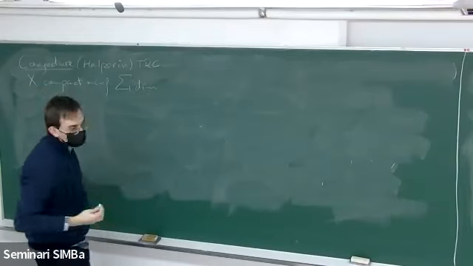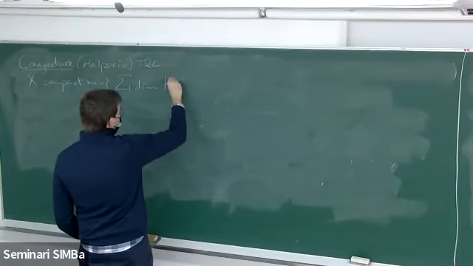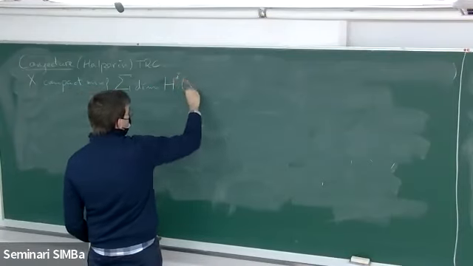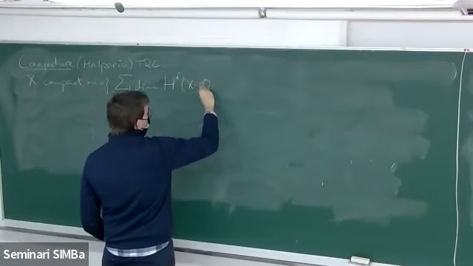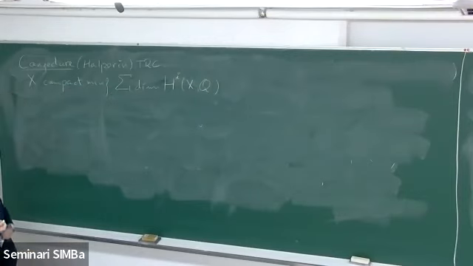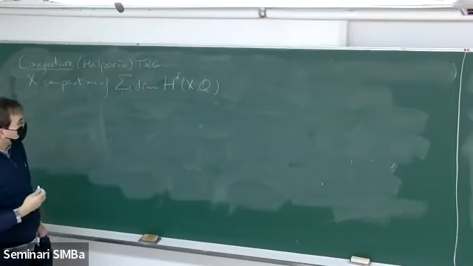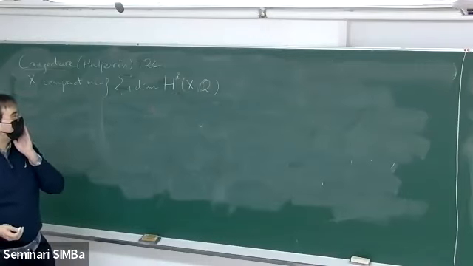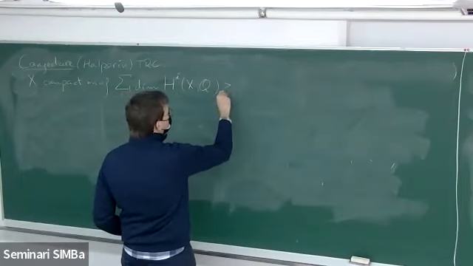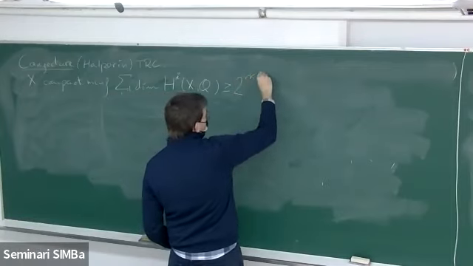It tries to find a relation between, in this case, the rank and the dimension of the homology with coefficients in Q, because the conjecture comes from rational homotopy theory. It says that if we take all these vector spaces over Q and compute these dimensions, and we take the sum, then this is less than or equal to 2 to the rank of X.